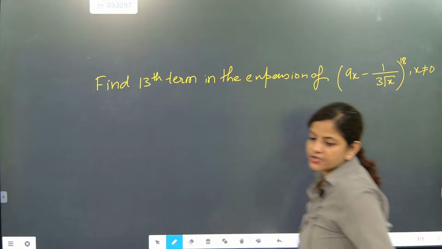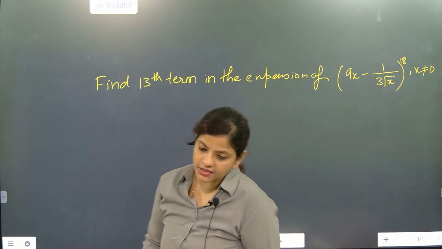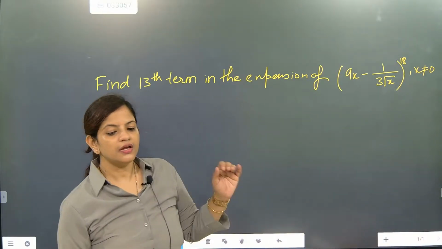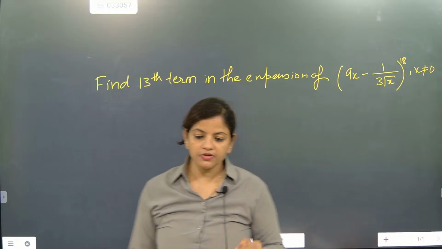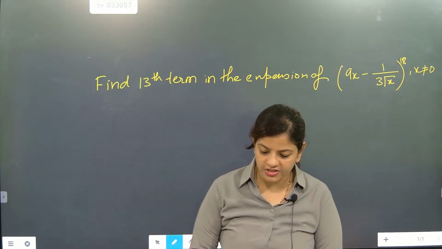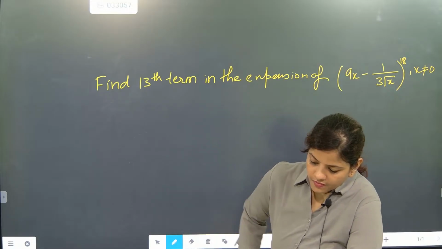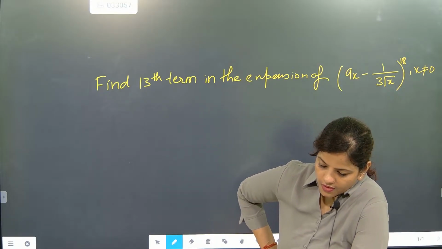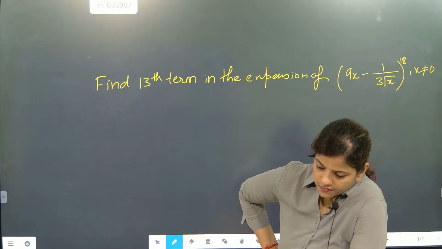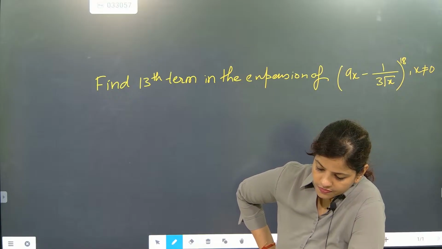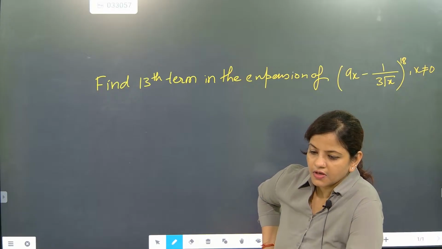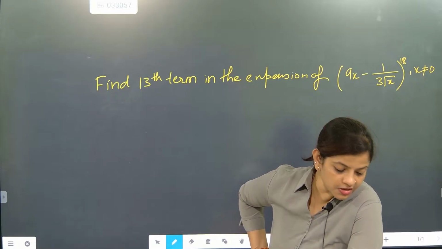Better try this question, please. Find the 13th term in the expansion of 9x minus 1 by 3 root x to the power 18. Try this question, children. Solve. What is the 13th term? Bring the 13th term.